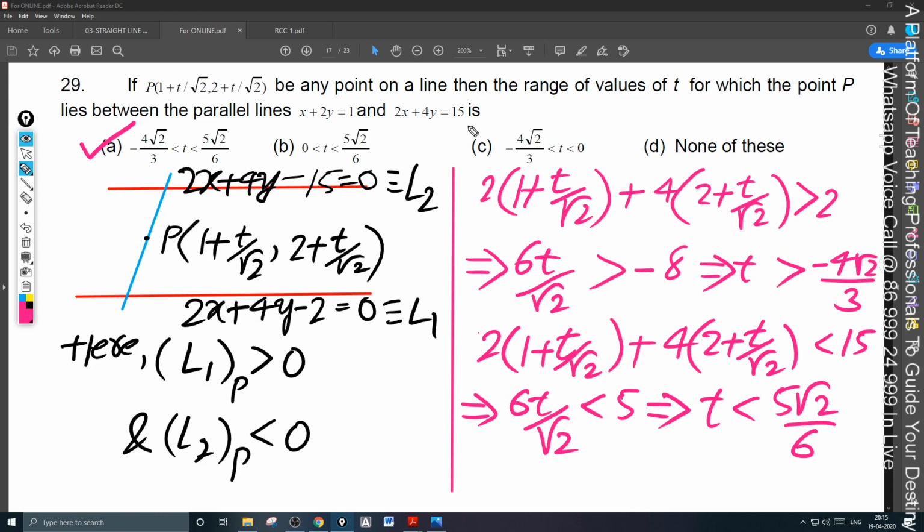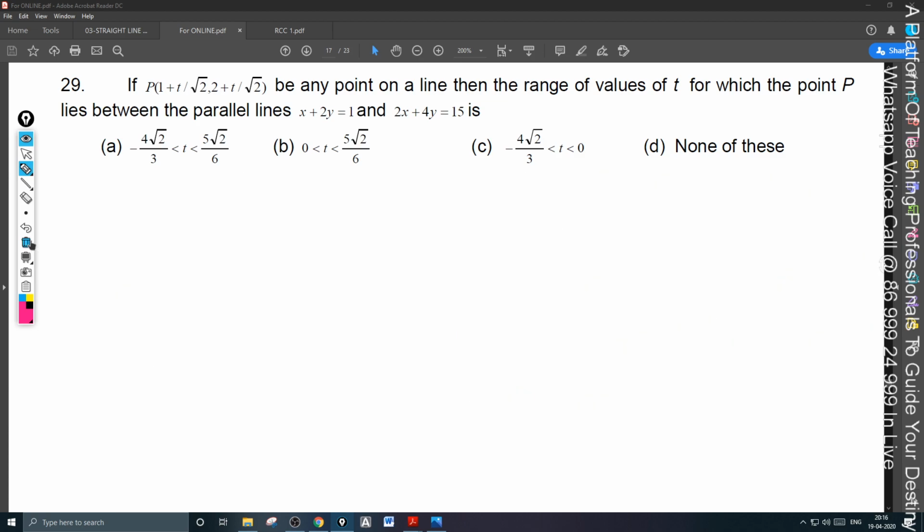So this question is also very much related to the symmetric form of the straight line only. Without that, you cannot solve this problem. Okay, let's move on to the question which is continued there.